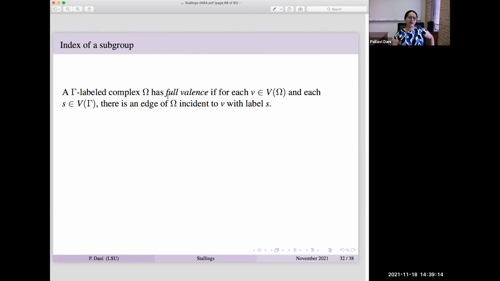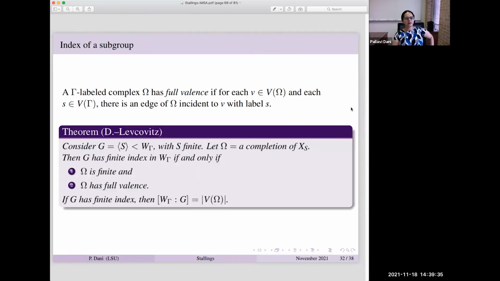Namely, define a gamma-labeled complex to be full valence if for each vertex and each label, there's an edge incident to that vertex with that label, just like what you would have in a covering space. And it turns out that that's enough: given a subgroup of a right-angled Coxeter group with a finite generating set, the completion detects the index and determines if it's finite index.